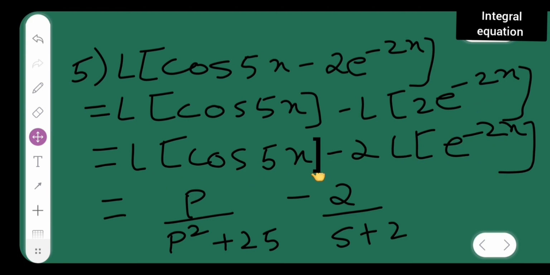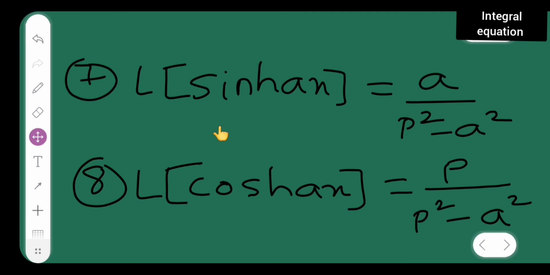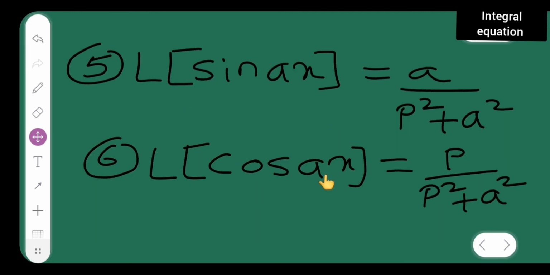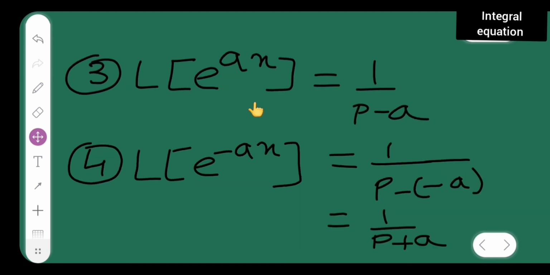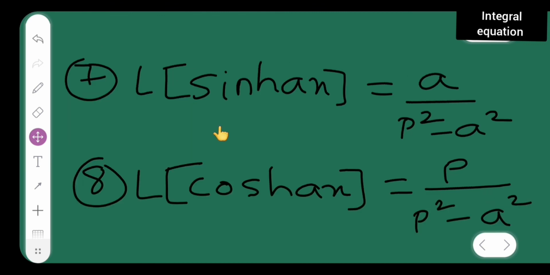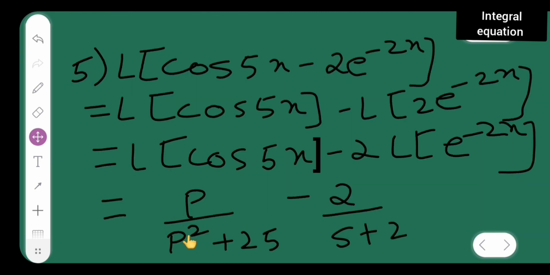Now what is Laplace of cos of 5x? Positive 5x it is. So Laplace of cos of ax is p upon p square plus a square. 5x is there. So it will be p upon p square plus 5 5s are 25. So that's what I have written over here. p upon p square plus 25 minus 2, right, as it is.